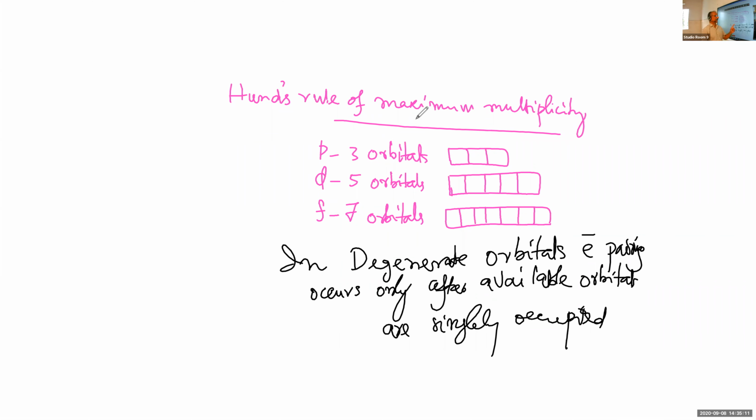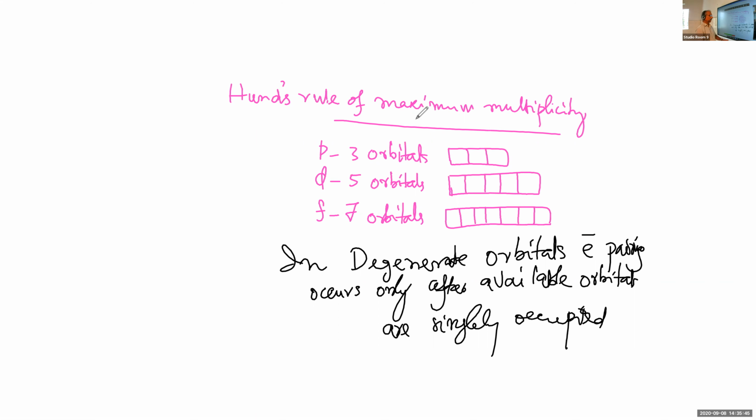In the degenerate orbitals, that means orbitals with the same energy, electron pairing occurs only after the available orbitals of the subshell are singly occupied first. Only after that there will be pairing of electrons.